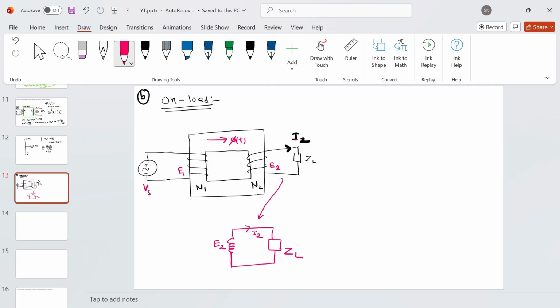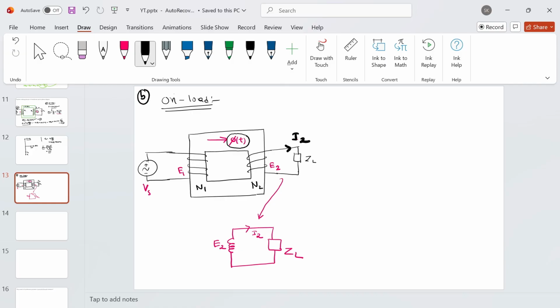Okay, so what does Lenz law say? Lenz law says my effect will always oppose its cause of creation. So the current will flow in the secondary circuit in such a way that it can oppose the flow of this flux phi t, because the main culprit in this particular case is phi of t. If there is no phi of t, there will not be any voltage induced, there will not be any current.